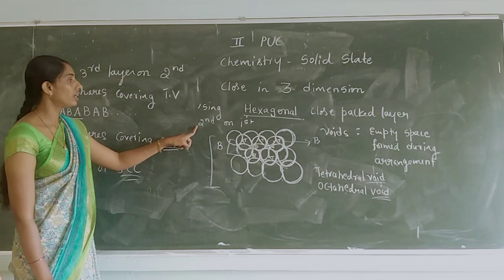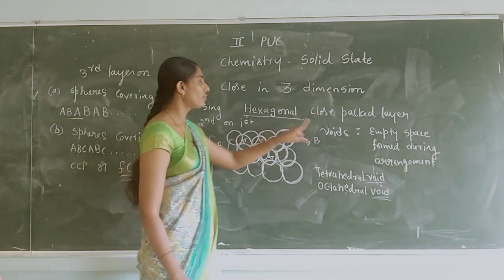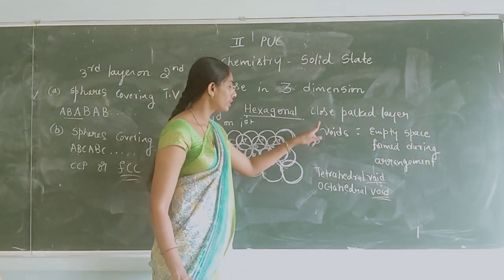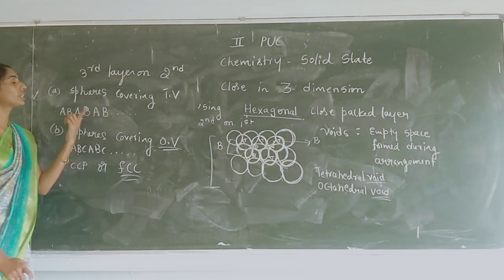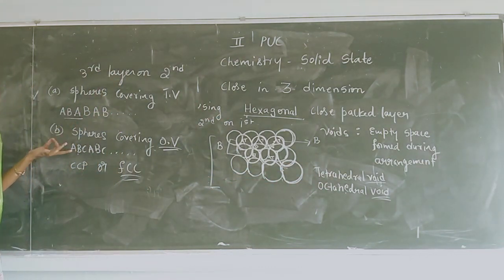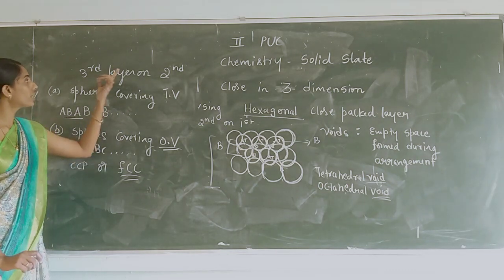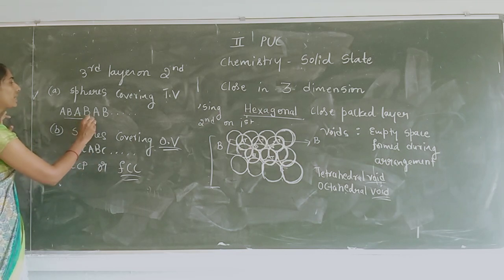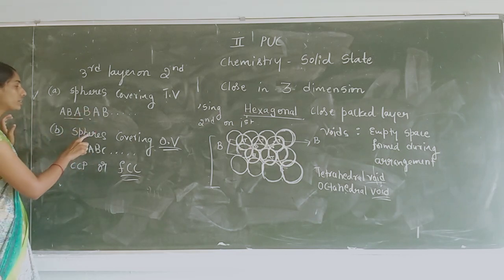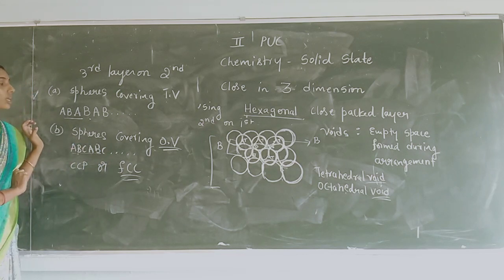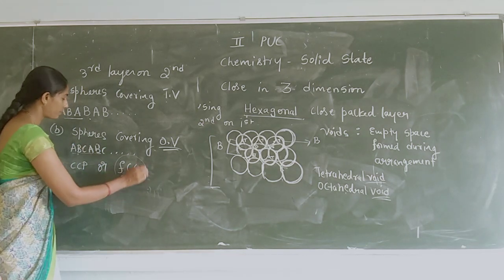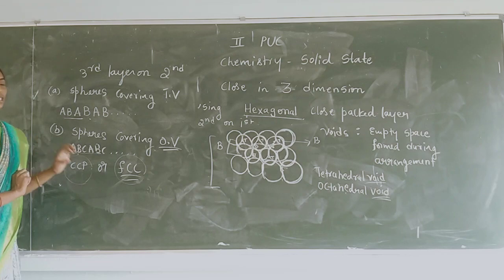When you place the second layer over the first layer, different types of voids are generated, that is tetrahedral and octahedral void. When you place the third layer on the second layer, there are spheres covering the tetrahedral void and spheres covering the octahedral void. For spheres covering the tetrahedral void, the AB pattern repeats, and for spheres covering the octahedral void, the ABC pattern repeats. So therefore it is also called FCC or CCP structure.